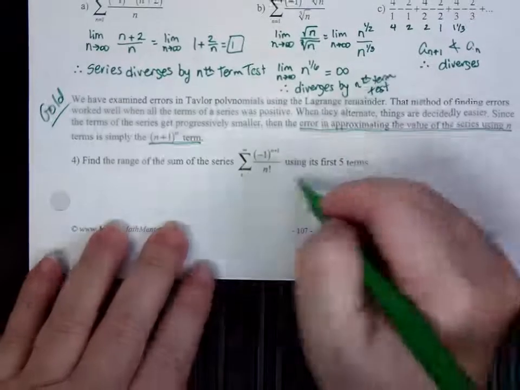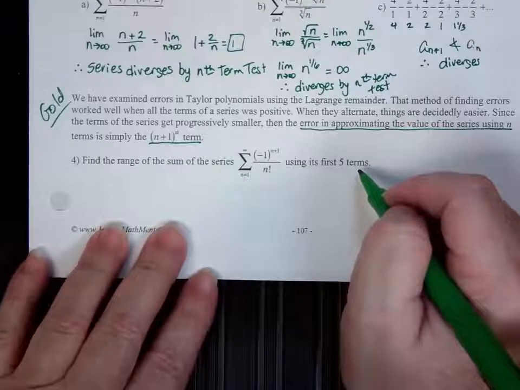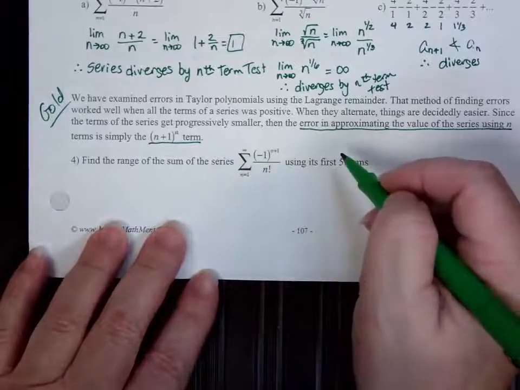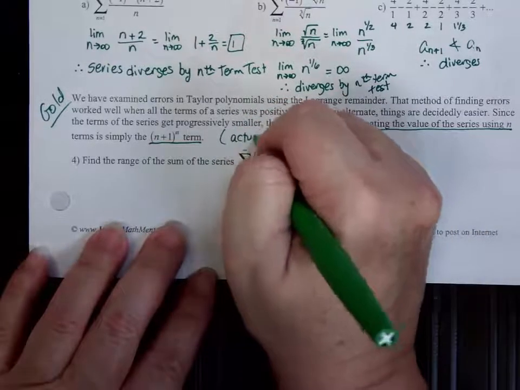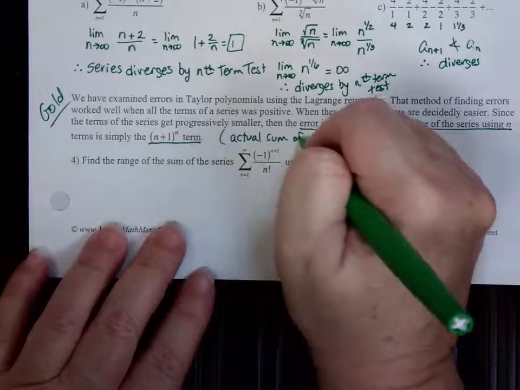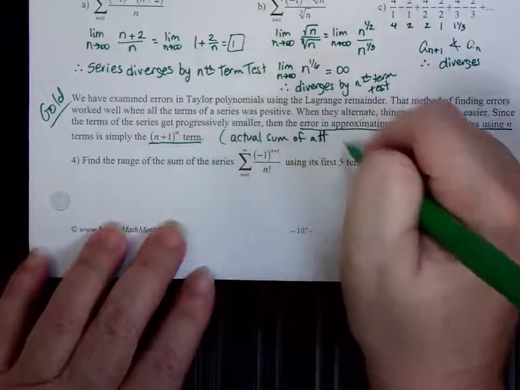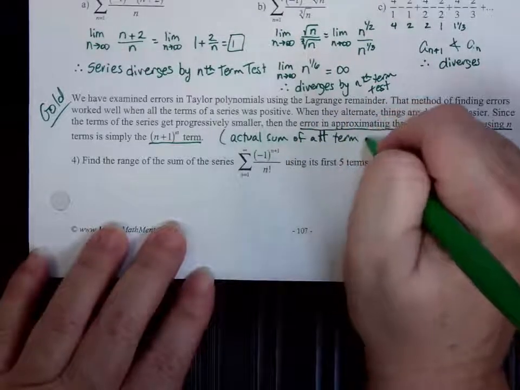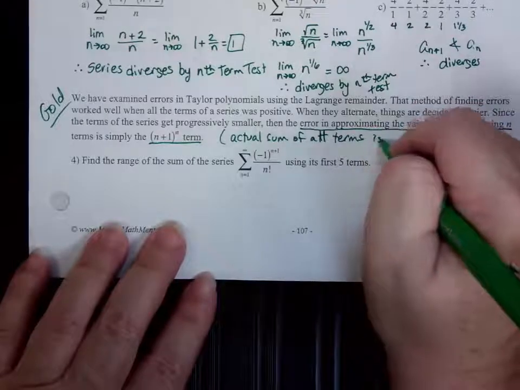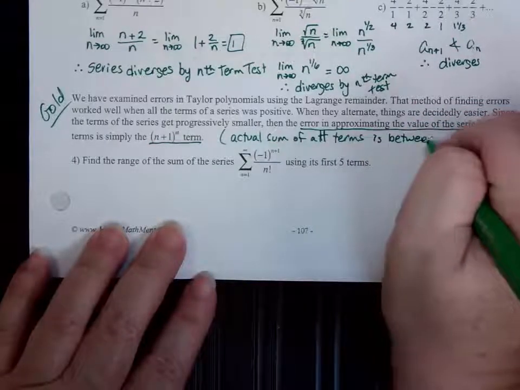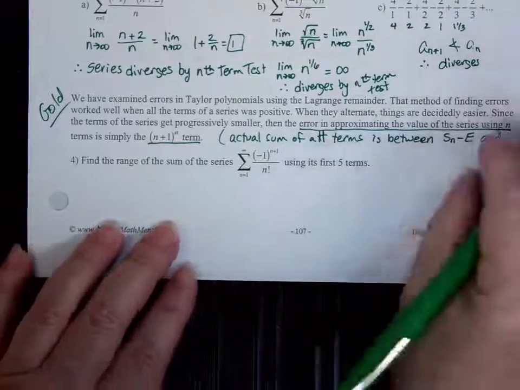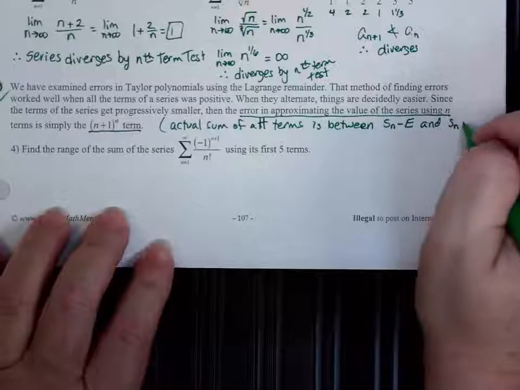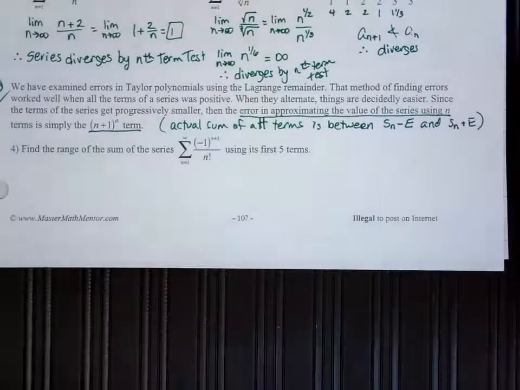So, here is how this works. It's going to ask you to do a series out a certain number of terms, 5, 6, whatever. And what you are going to find is that the actual sum of all terms, ATT, is between S sub n minus E and S sub n plus E. Now this makes a lot more sense once we do one, so just write it down for now.